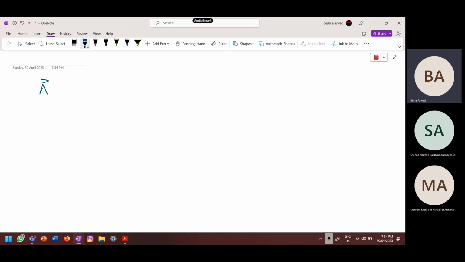So let's say you have a vector A equal to 3t i hat plus 4t squared j hat minus 2 square root of t k hat, and you are required to find the derivative with respect to time for this vector.